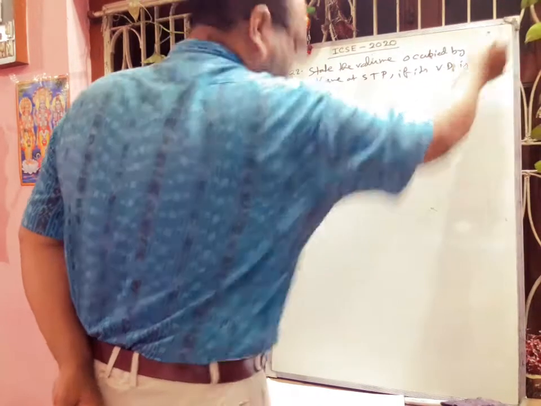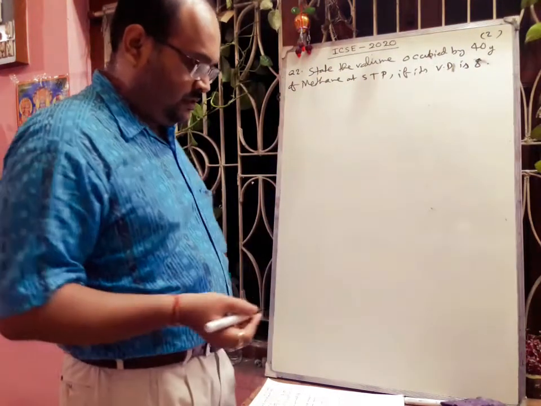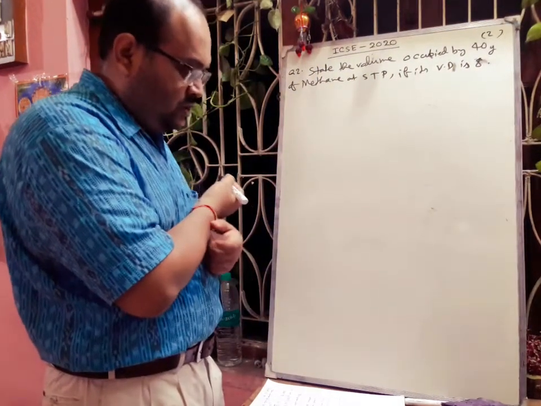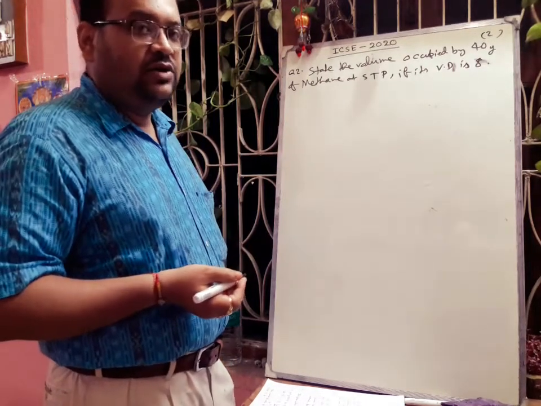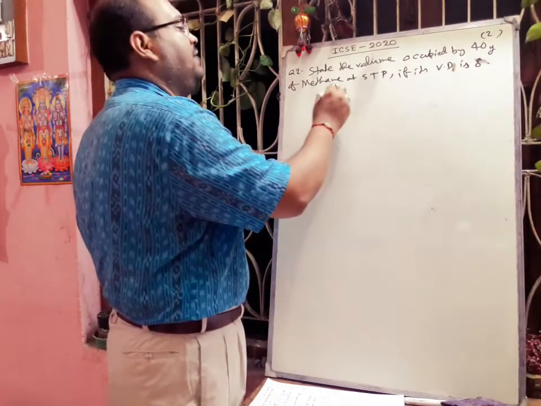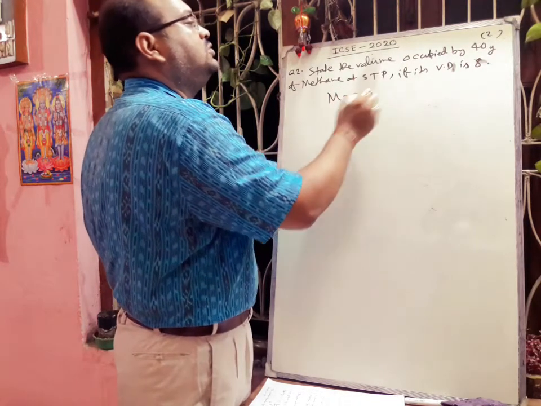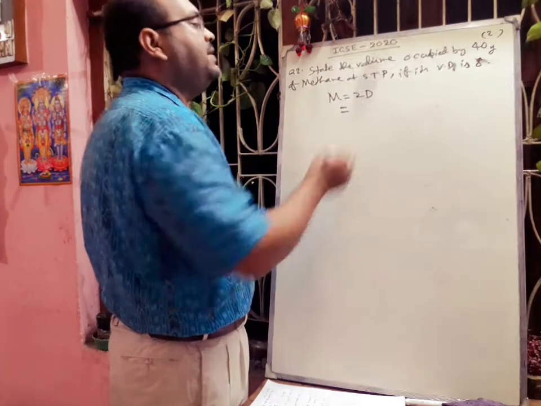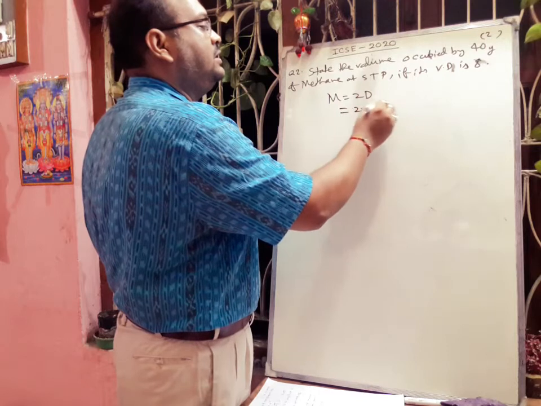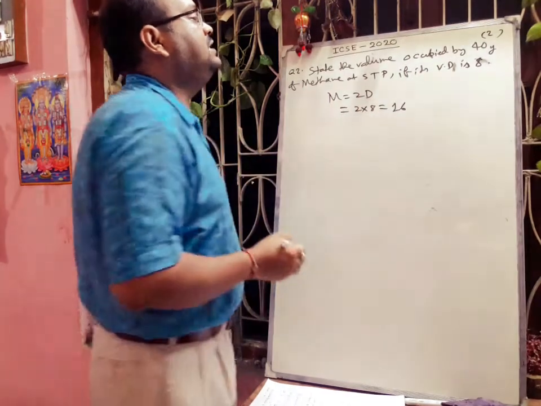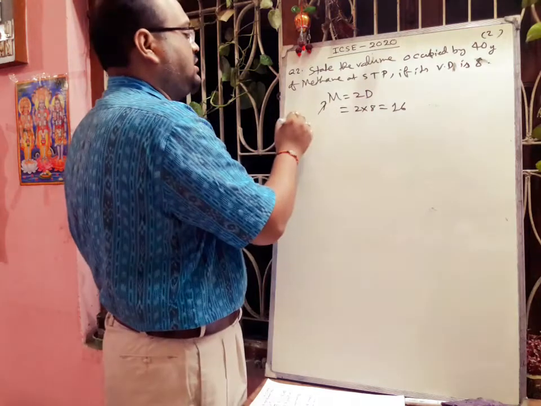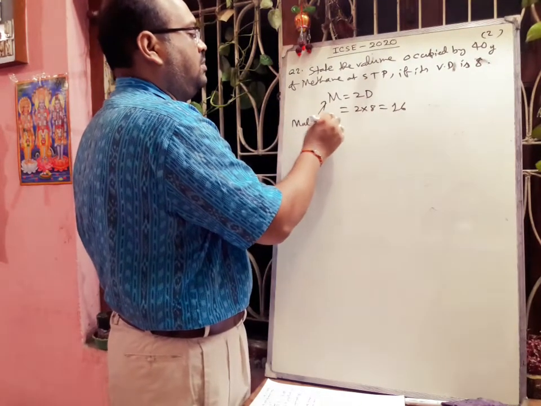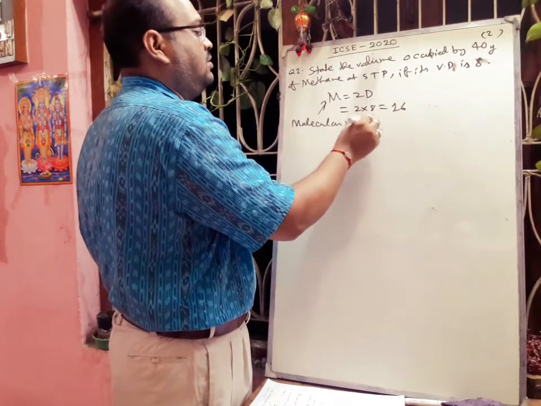Here it is 2 marks and another problem is 2 marks. Now we know that molecular mass is equal to 2 into vapor density. Here vapor density is given as 8, so 2 into 8 is 16. That is the molecular mass of methane.